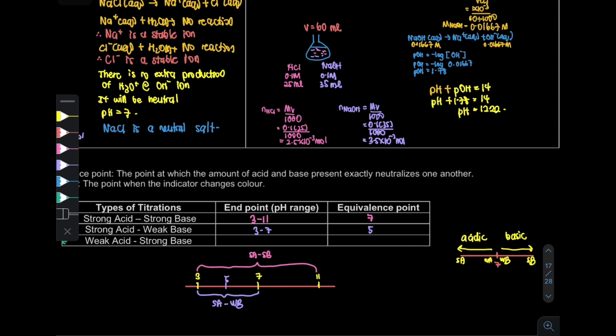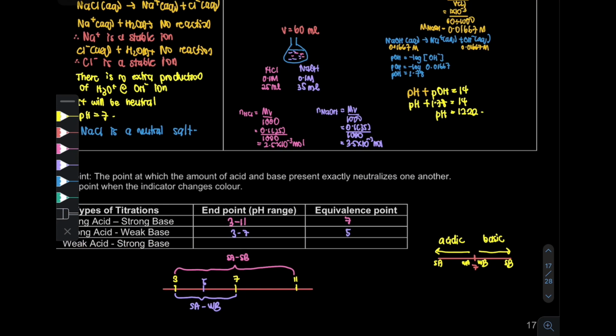Okay, last but not least is weak acid, strong base. Weak acid is near to 7. Then strong base means it is far from 7, near to 14. So what we're going to take is between 7 and 11. So here is my weak acid, strong base. The range is between 7 until 11. So the equivalent point is specific, it is in the middle here.